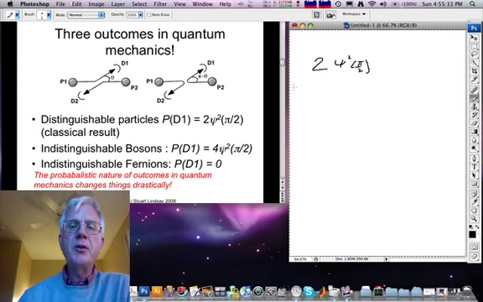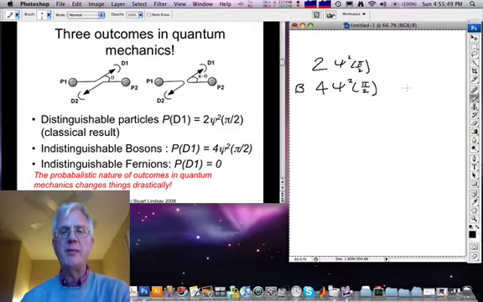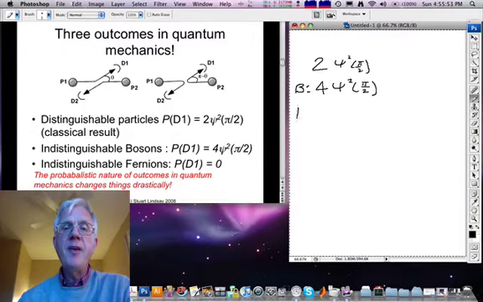If, however, the particles are bosons, we get twice the probability for scattering at 90 degrees. So by making the particles indistinguishable, we now observe an anomaly in the scattering experiment that scattering is enhanced at 90 degrees. On the other hand, if the particles are fermions, we get the amazing result that there is no scattering at all at 90 degrees.